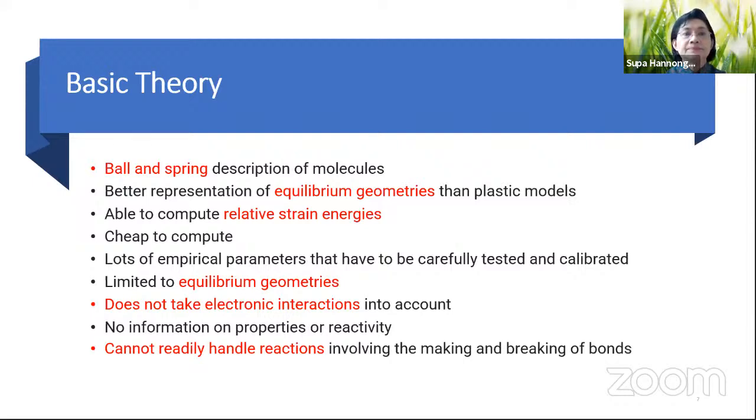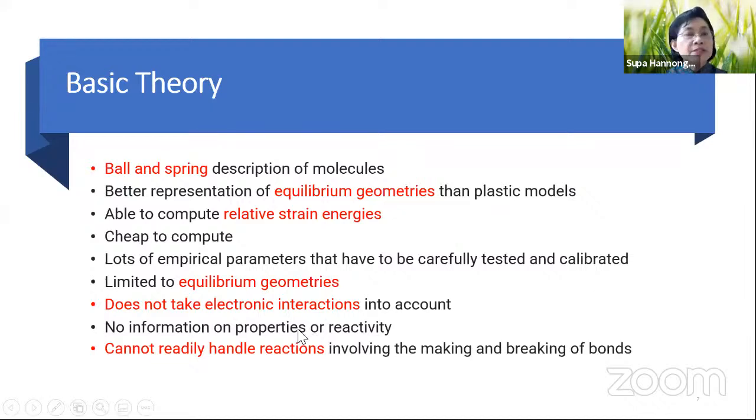We can also compute the relative strain energies. And up to now, the computation is very cheap in terms of investment in software and hardware, and the CPU time is very fast, okay? So it is a very cheap experiment. Lots of empirical parameters are available, and then we can test and calibrate the molecular mechanics method.